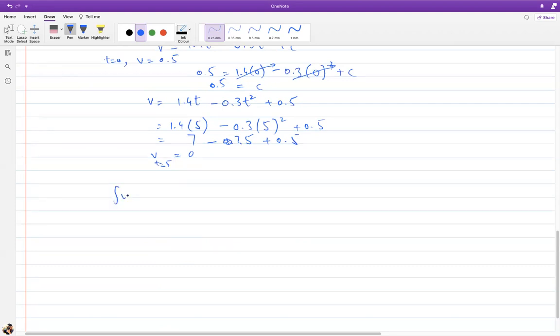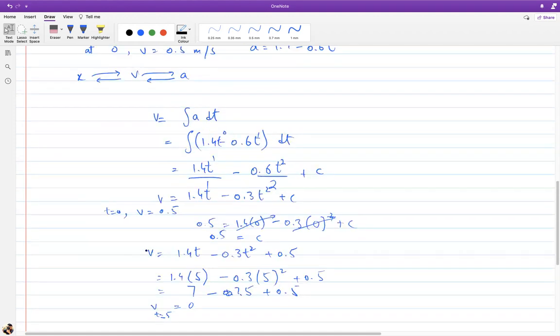The integral of velocity with respect to time will give me displacement. I'll integrate this again, same principle. This is an algebraic function, so it's pretty easy to integrate. You just have to remember how you're going to do that. You add 1 to the power, divided by the power, and the derivative of whatever's inside.